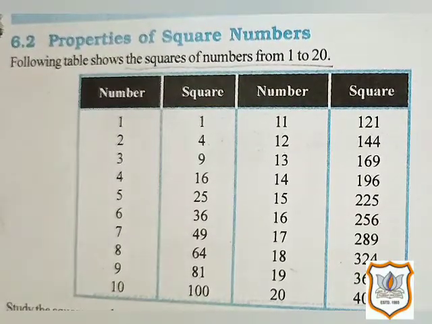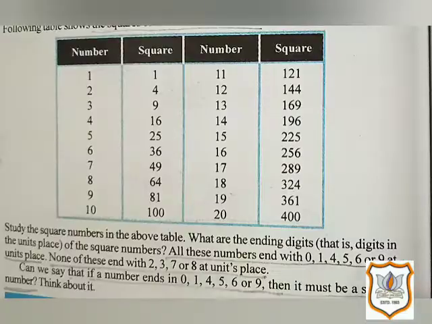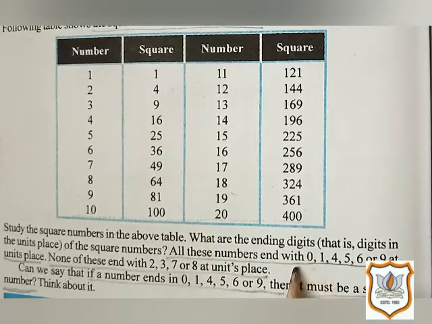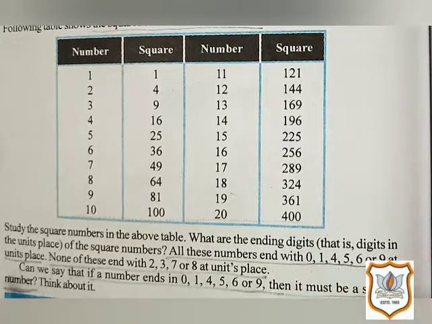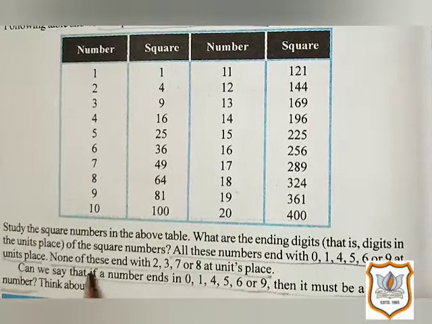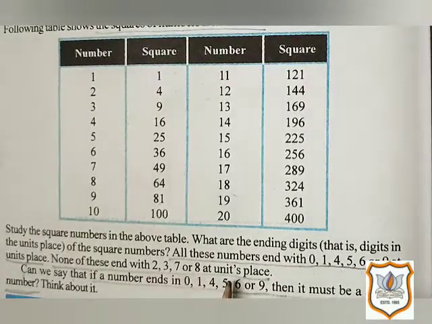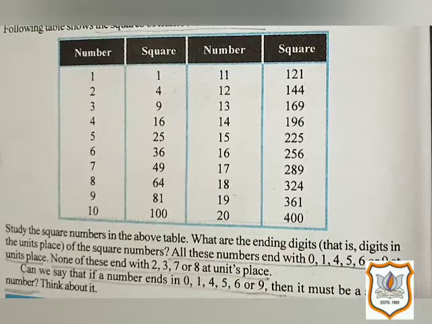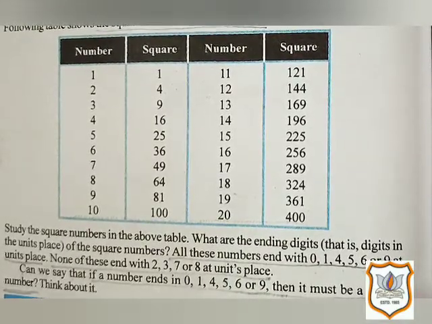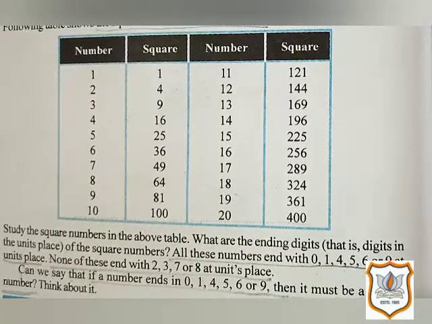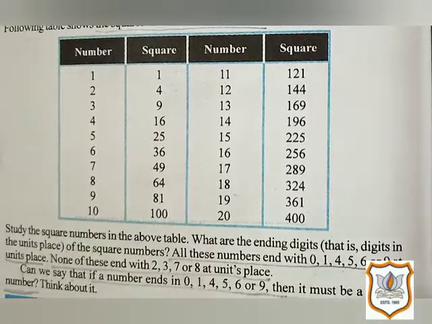When you observe this table, we see that all these numbers end with 0, 1, 4, 5, 6 or 9 in the units place. None of these end with 2, 3, 7 or 8 in the units place. So we can say that if a number ends in 2, 3, 7 or 8, it cannot be a square number.